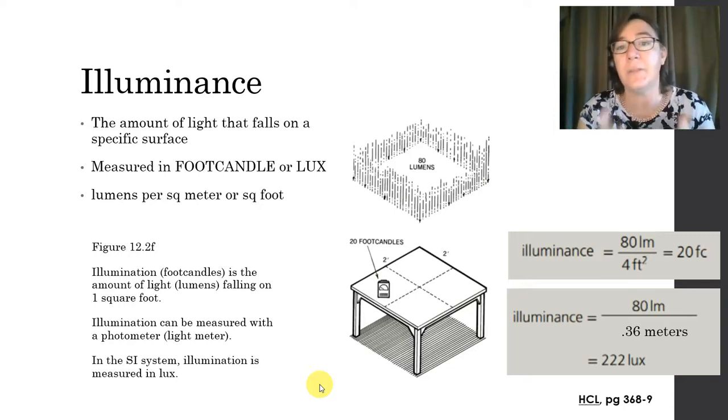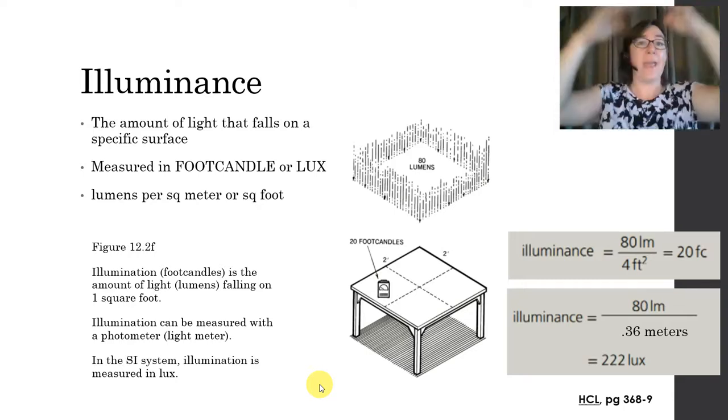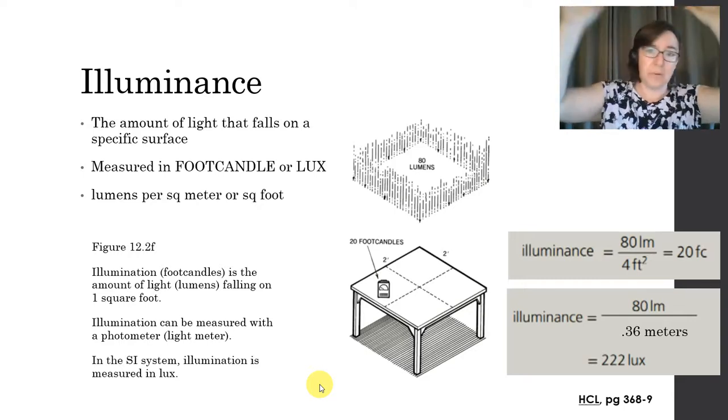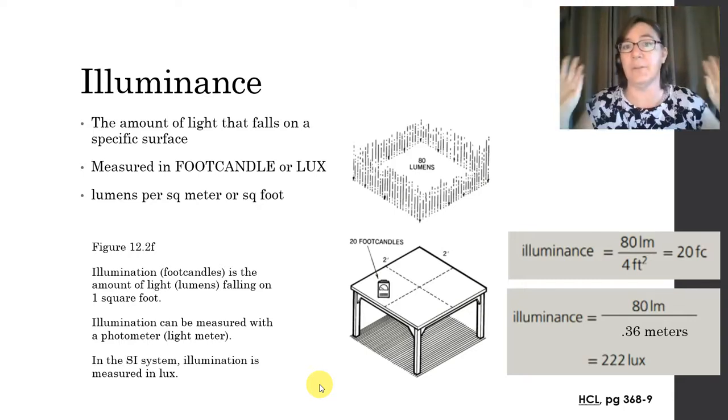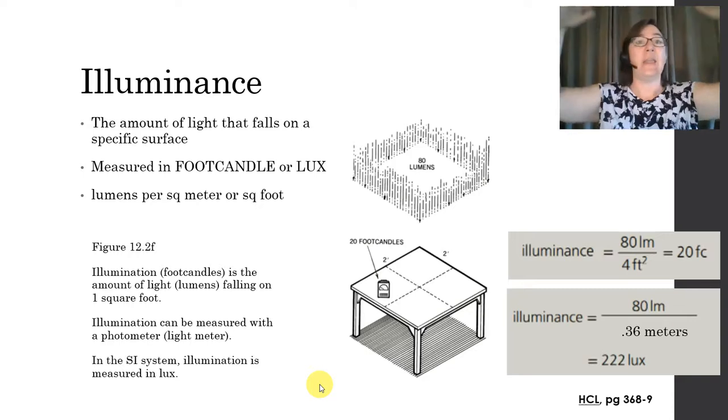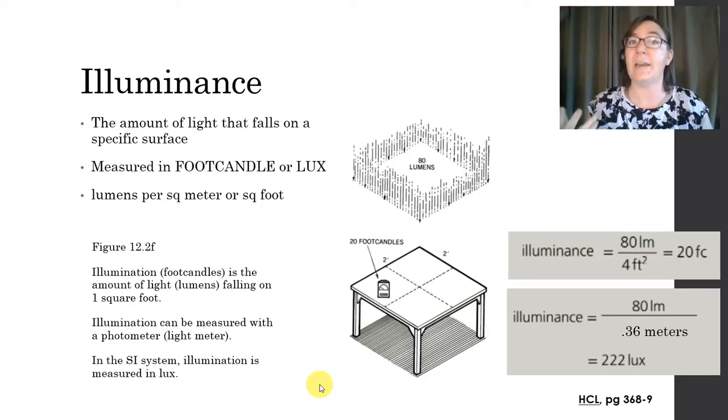So let's take a look at this example here. We have a light fixture, unknown, somewhere above, it's not in the illustration, and it's providing an even distribution of 80 lumens to this task surface. Now think about this. Remember our water analogy.